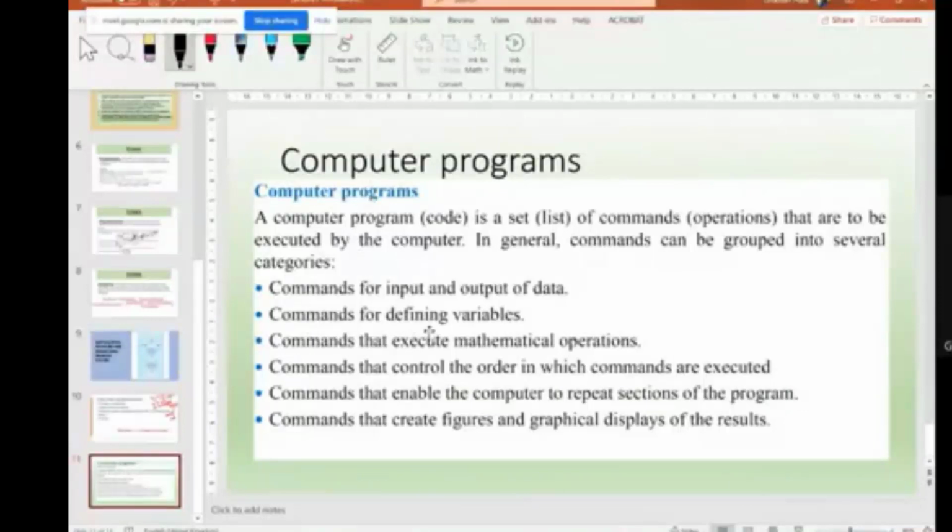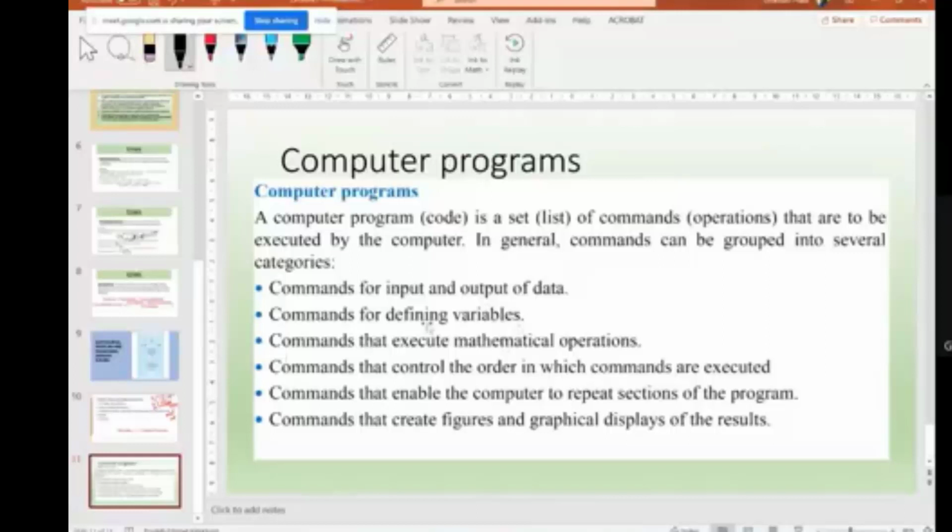Now, to use a computer program, there are many things you need to learn: code, commands, and the important thing is to save the commands to make your program.